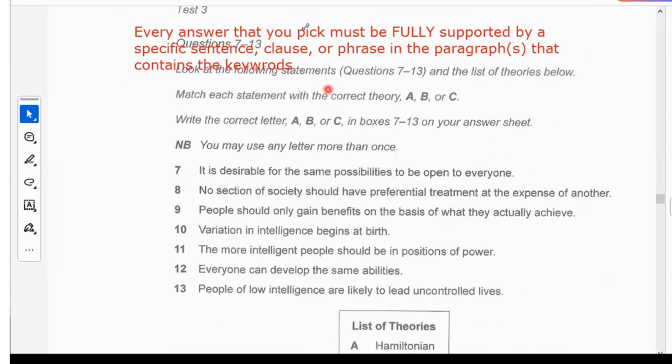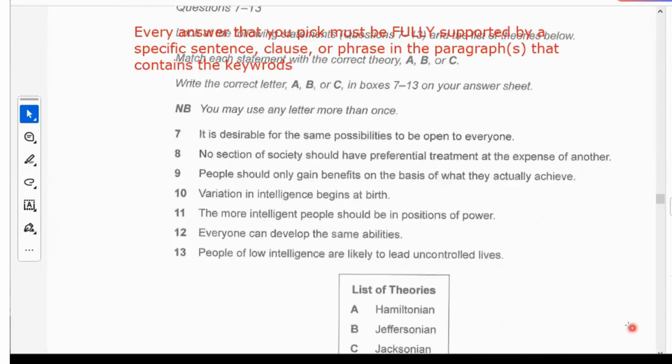Sounds like same possibility. So number 7 can be matched to Jeffersonian. I'm going to write B for number 7. Okay. Now let's go on.